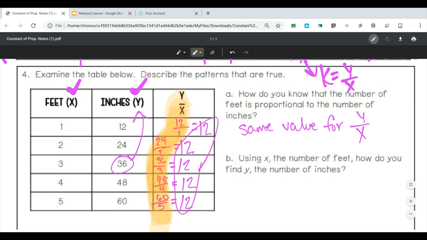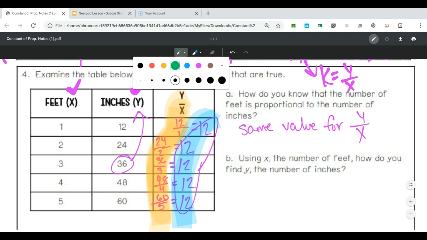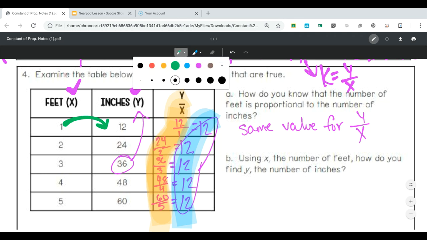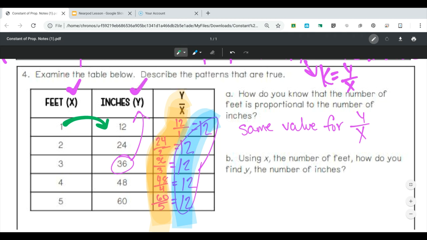To figure out what our constant of proportionality was, which is here. So how can I find the number of inches by using the number of feet? Okay, well, what's the difference here? So let's come back over here. How did I go from 1 to 12? What can I do to get 12 from 1?